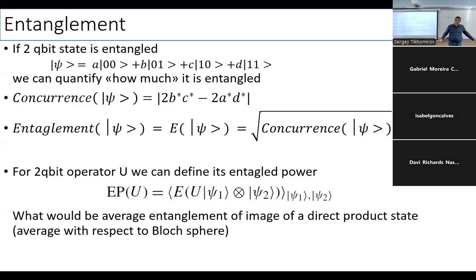I completely agree, but for some reason all of them write like this, and I prefer not to overlap with the classics. And moreover, why do they multiply by 2? Why, as a real measure of entanglement, do we take not the value by itself, but the square root of this value.